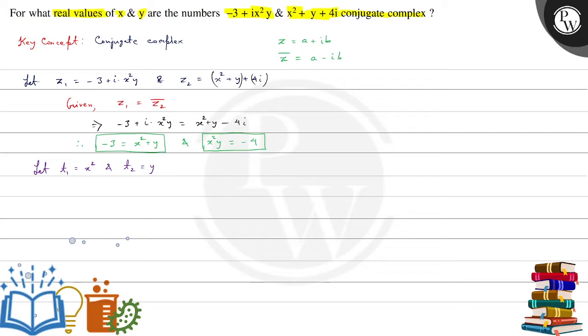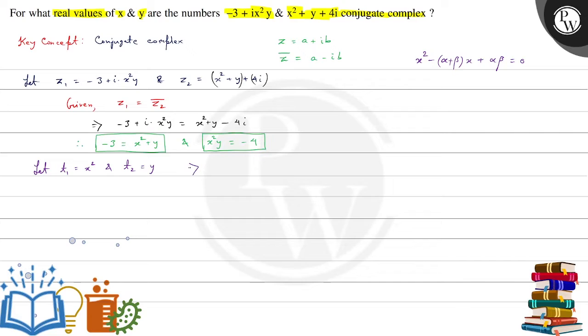Now do you remember that in a quadratic equation, if the roots are alpha and beta, then the equation can be written as x² − (sum of roots)x + product of roots = 0.